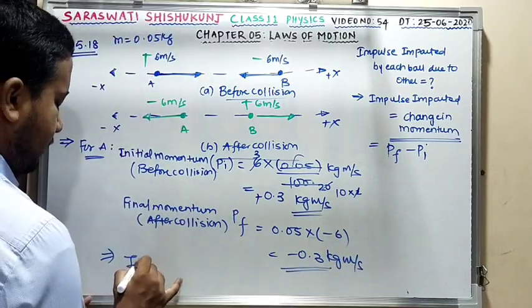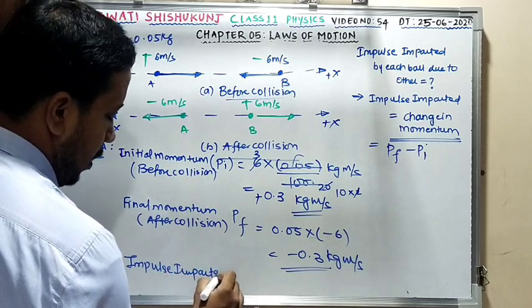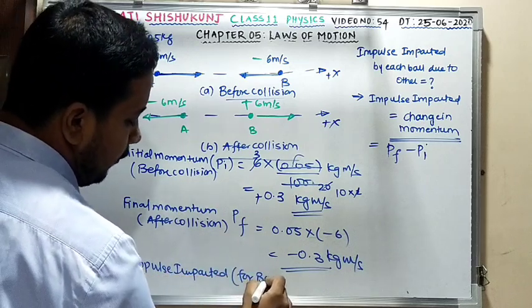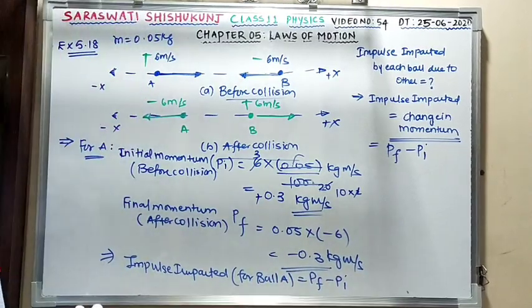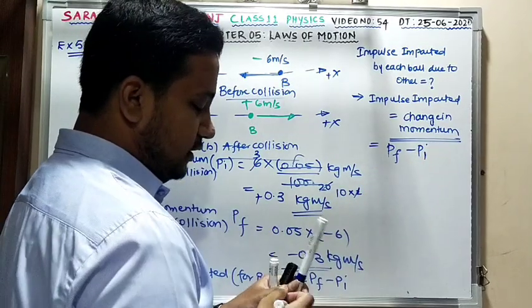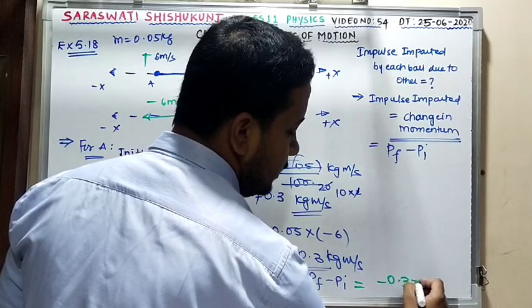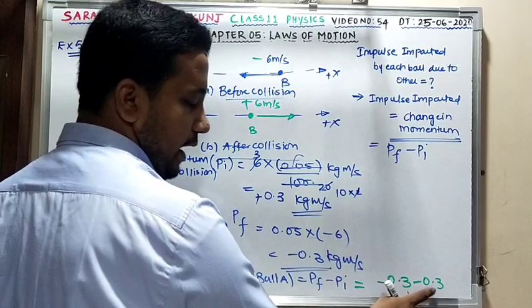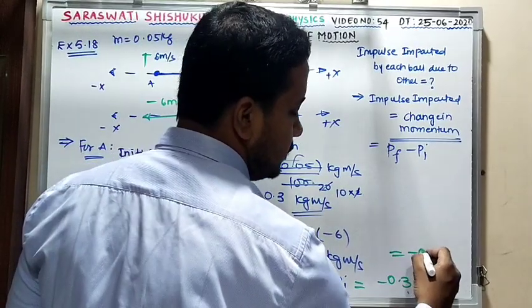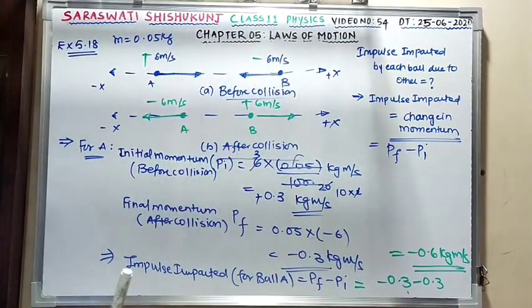To calculate the impulse imparted for ball A, that is final minus initial. I have recently told that change in momentum is the impulse imparted. Final is minus 0.3, initial is plus 0.3, so my answer is minus 0.6 kg meter per second. Perfectly clear? 100%? Very good.